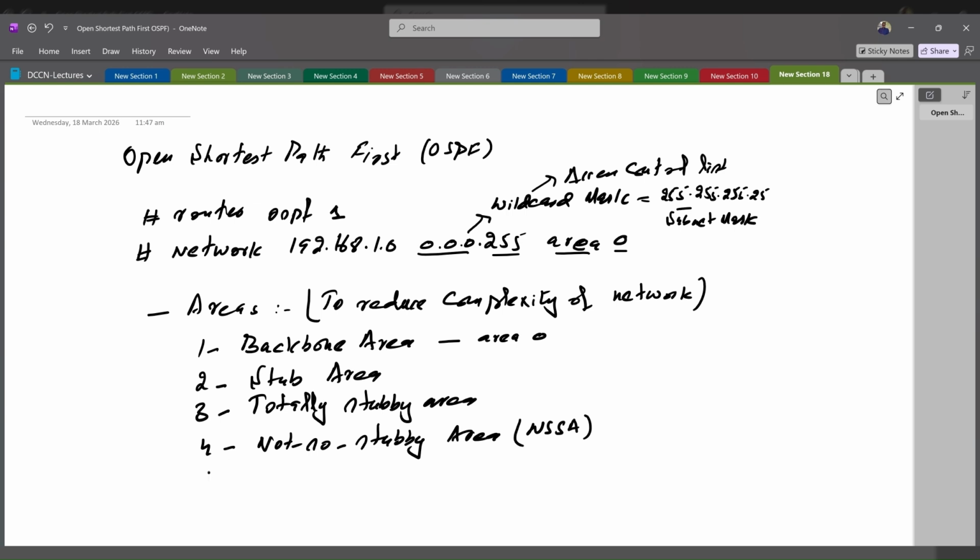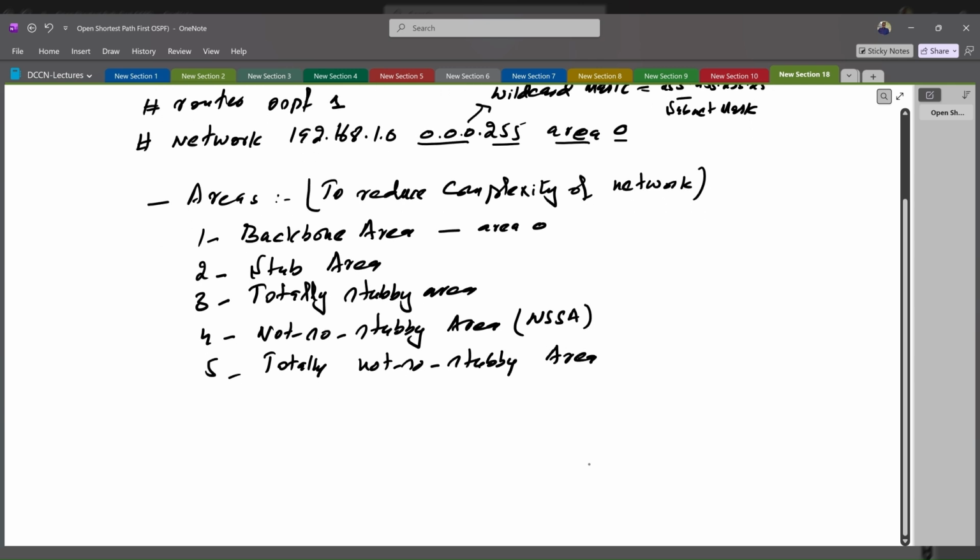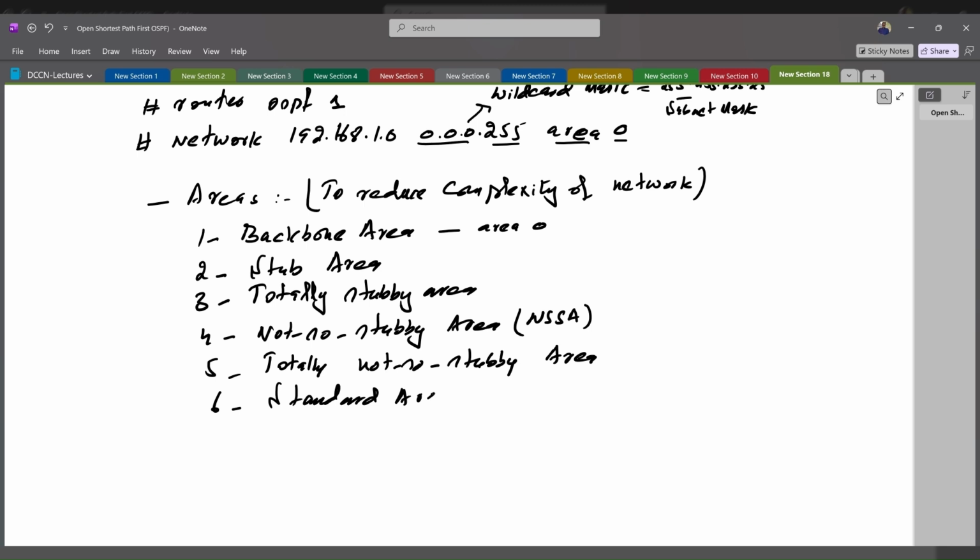And then we have the totally not so stubby area. And then we have a standard area.